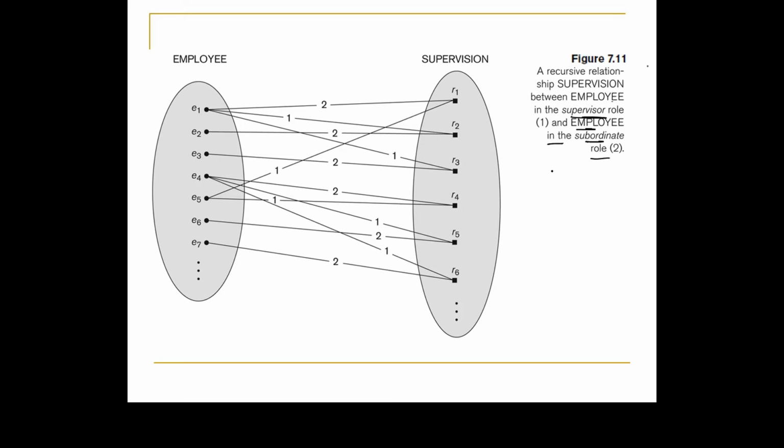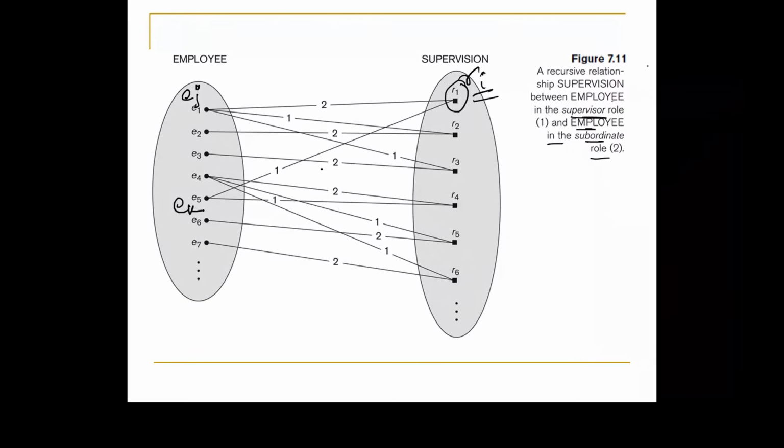Each relationship Ri in supervision associates two employees EJ and EK.